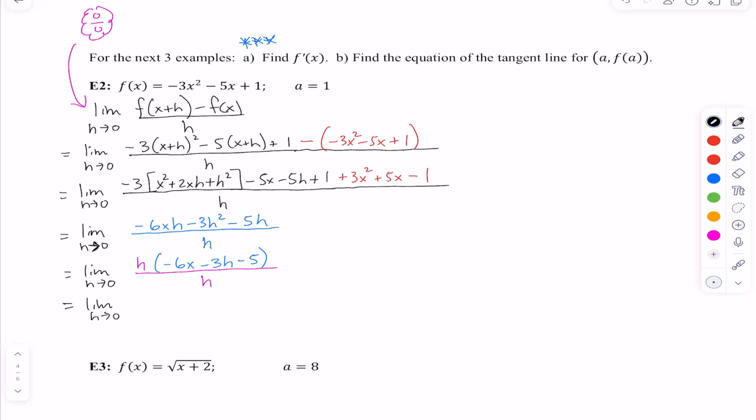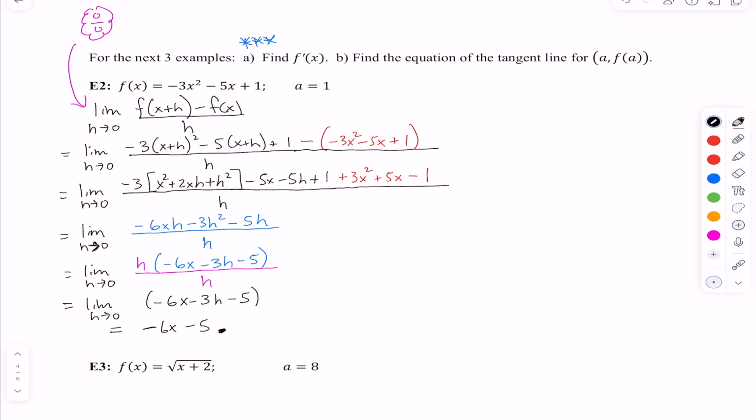We now only have a numerator that consists of negative 6x minus 3h minus 5. So h is our variable. If h is our variable, then this limit does exist as a function. We're ready to evaluate this. This has a determinant form of negative 6x minus 5. I'm going to put a period there.